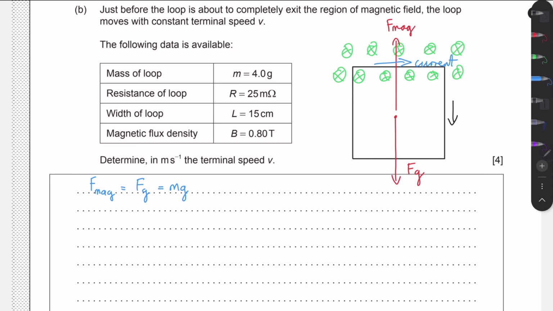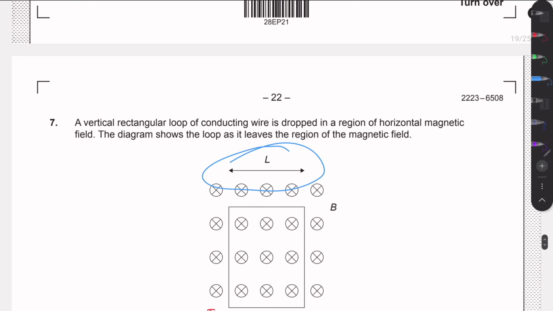And then we know also from the data booklet that the magnetic force acting on a length of wire, some wire like this, is equal to B times I times L, where B is the magnetic field strength, I is the current flowing in the loop, and L is the length, or in this case, the width of the loop of 15 centimeters. As here they show that this is the width.